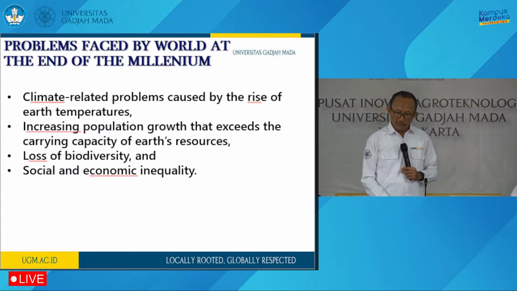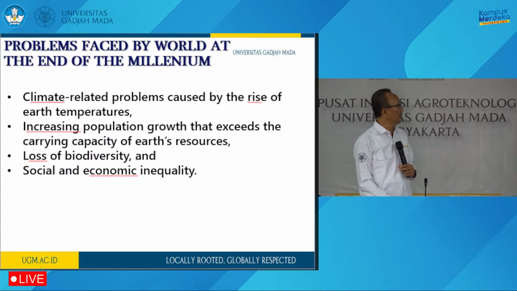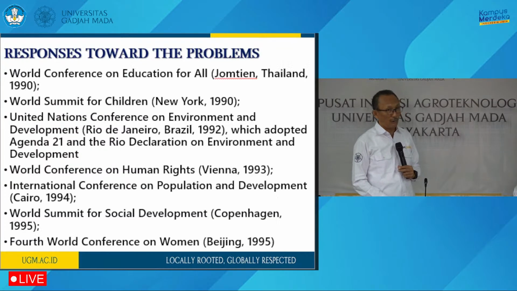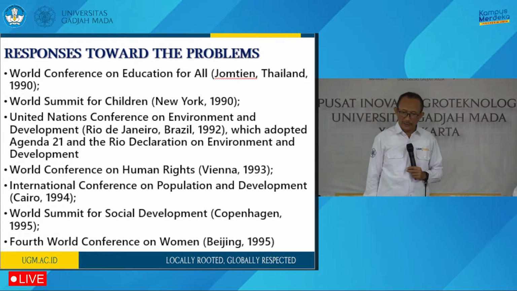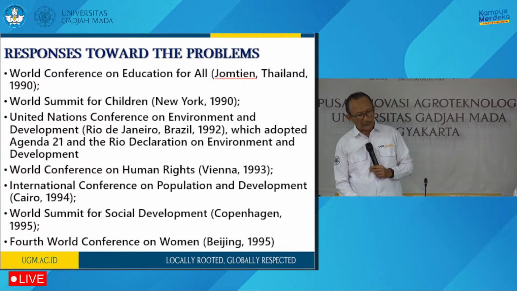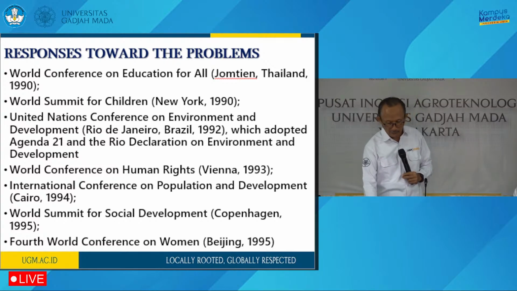And responding to this problem, a lot of conferences were held in the world. So the World Conference on Education for All in Thailand, the World Summit for Children in New York, the United Nations Conference on Environment in Rio de Janeiro, the World Conference on Human Rights, and a lot of conferences.